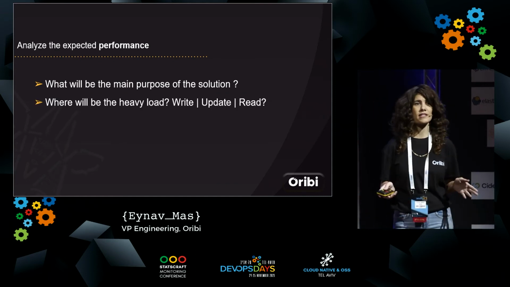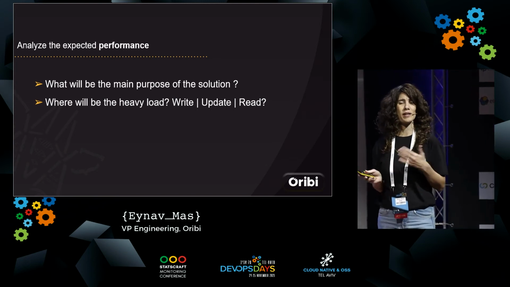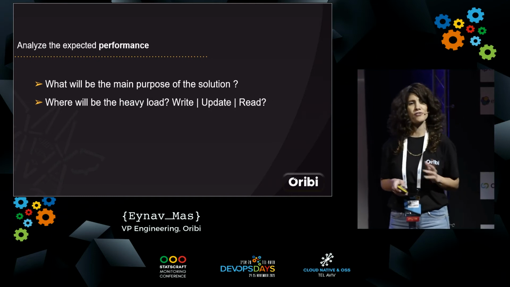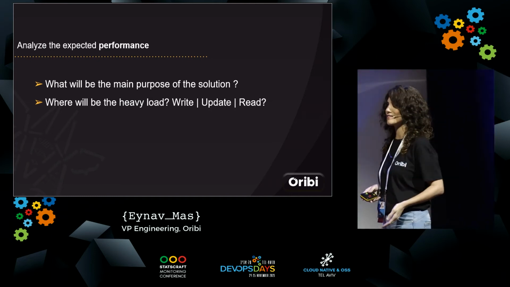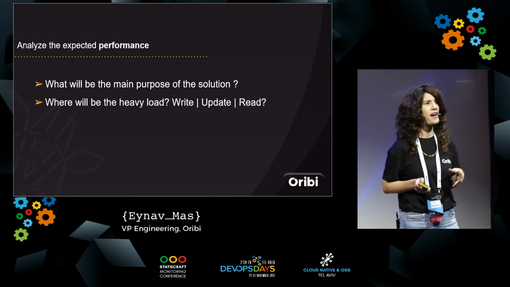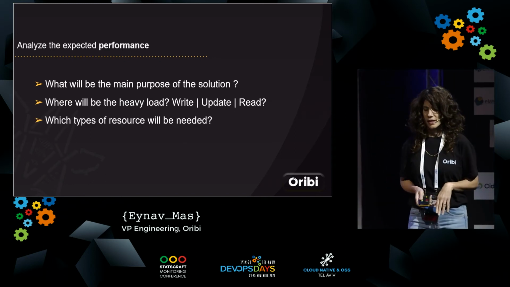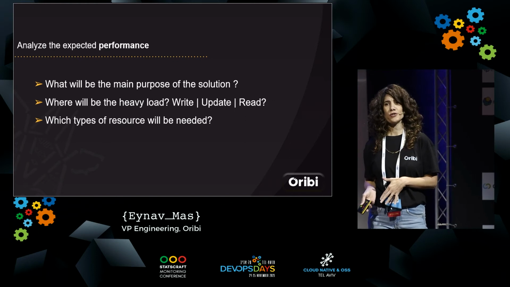Then it's easy to get to the point of what will be the real load on this data solution. Is it many writes, updates, reads, deletions? What will be the actual work of this data solution? Which type of resources do we need?